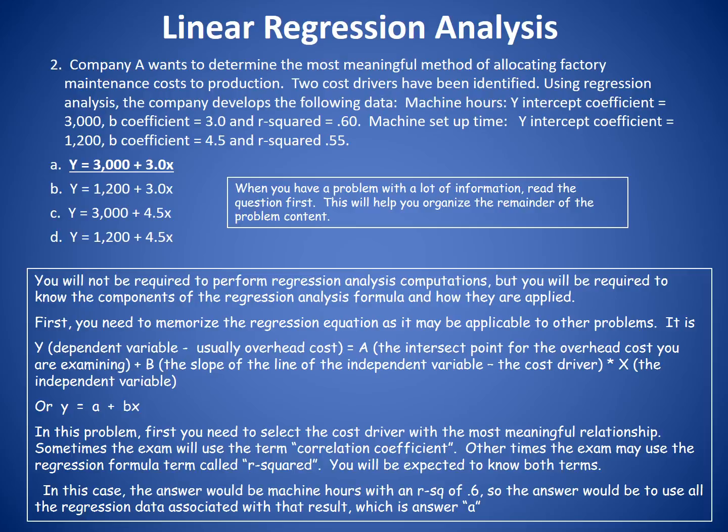So in this case, the most appropriate measure of the relationship would be the R squared, where it's 0.6. So the answer would be to use all the regression data associated with 0.6. In that case, the answer would be A, y equals 3,000 plus 3.0 times x.